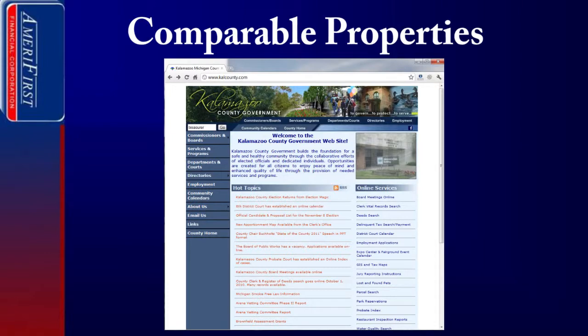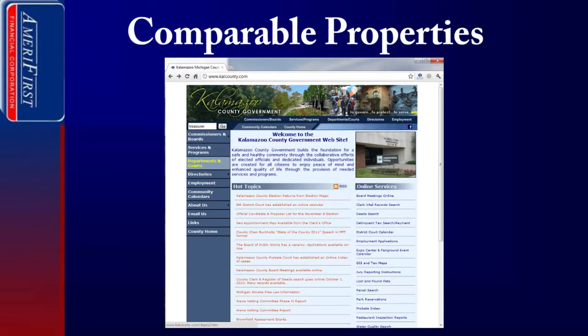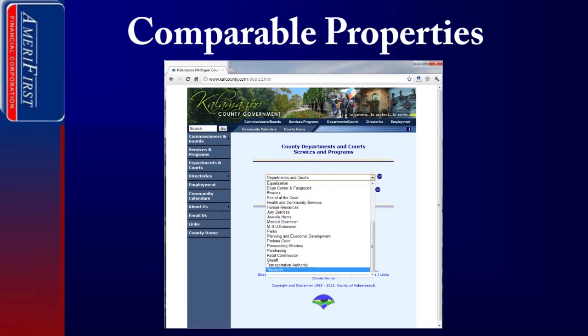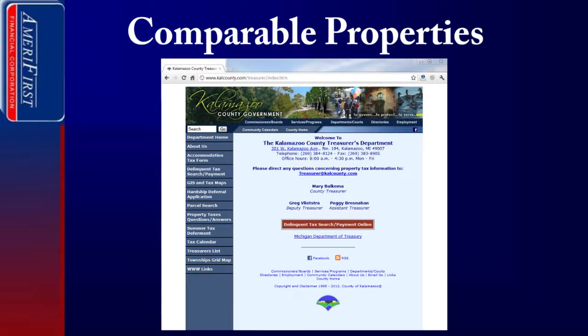Or you can go to your county's website, and on there they have the information of all the properties that have sold in their county or in your neighborhood for usually the last couple years.